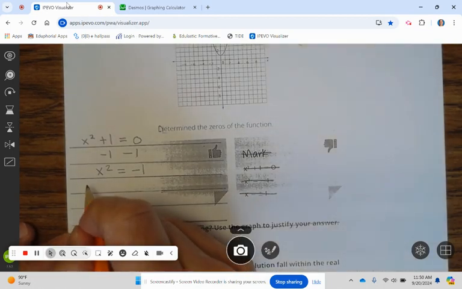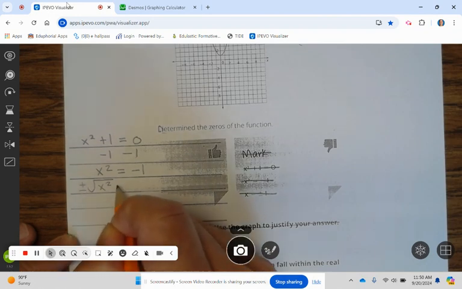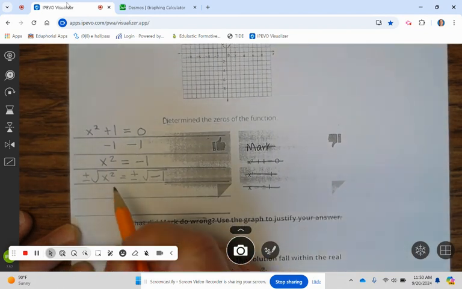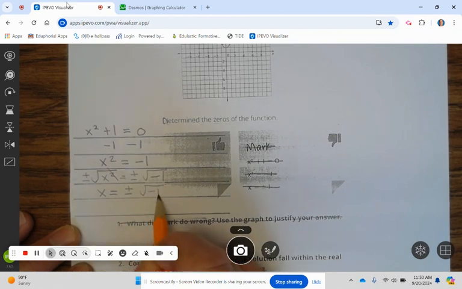And then we take the square root of both sides. Remember, square roots plus or minus. The square root cancels the squared. So x equals plus or minus the square root of -1.